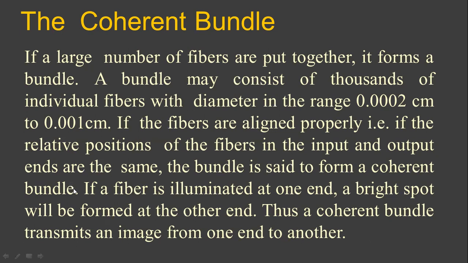That means the relative positions of the fibers at the input end and at the output end should be the same. Then it is called a coherent bundle. If a fiber is illuminated at one end, a bright spot will be formed at the other end. Thus, a coherent bundle transmits an image from one end to another.